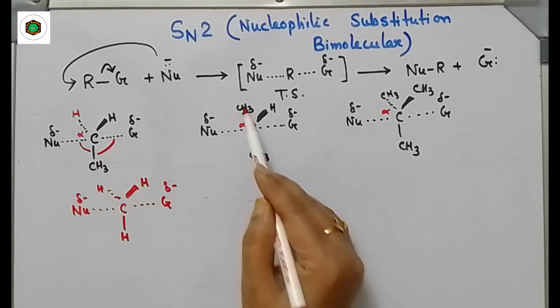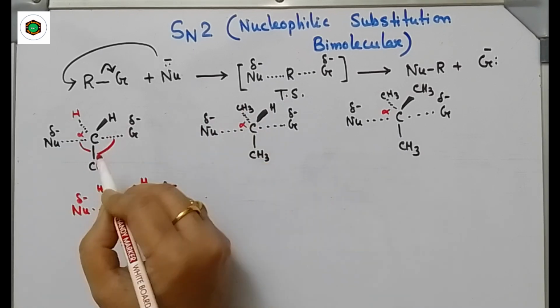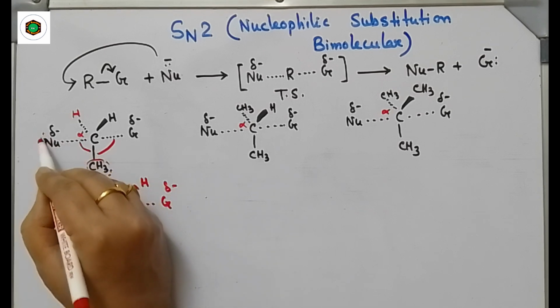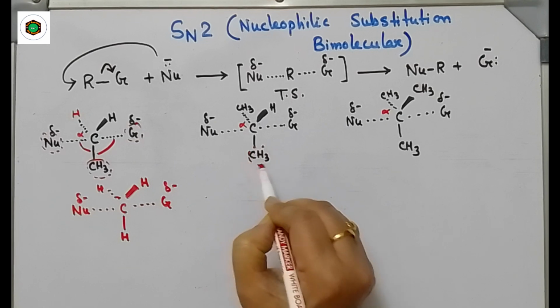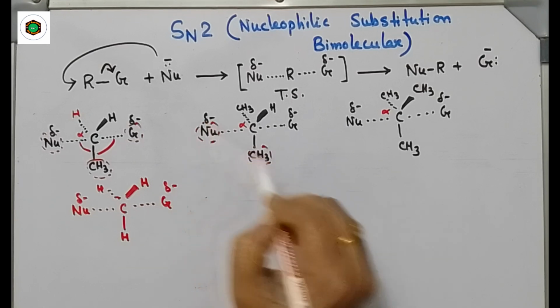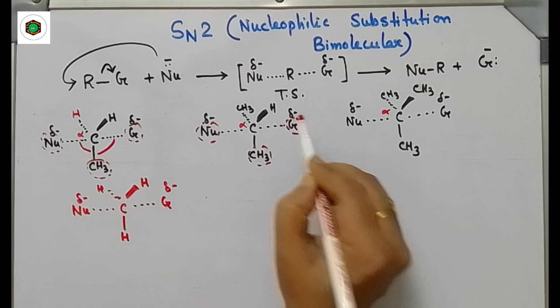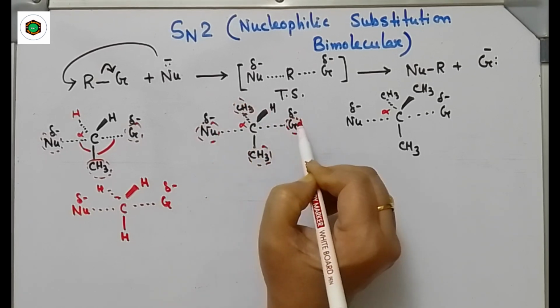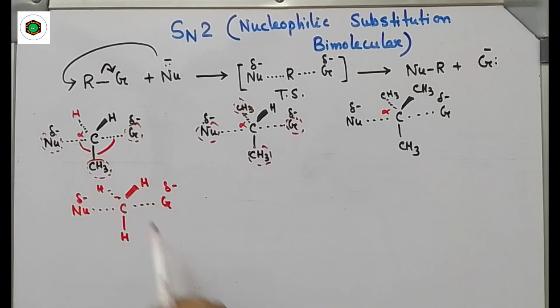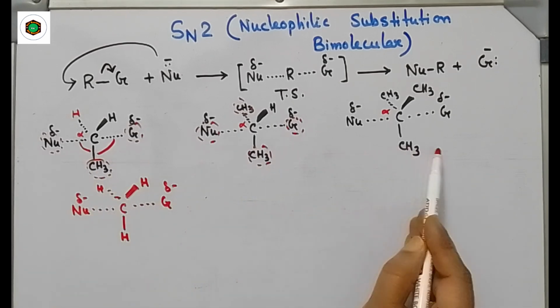Here also 2 methyl groups are there, so with this methyl and with this nucleophile, steric crowding is there. With this methyl, this nucleophile and leaving nucleophile, steric crowding is there. So steric crowding is increasing in this direction.